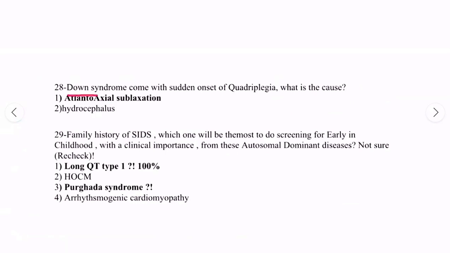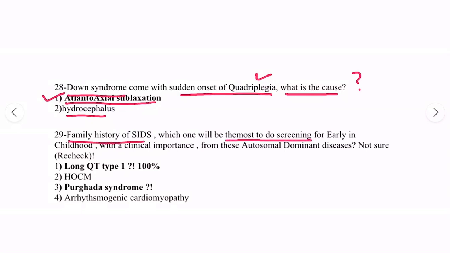Next, Down syndrome presenting with sudden onset quadriplegia. What is your diagnosis? Is this hydrocephalus or atlantoaxial subluxation? This is atlantoaxial subluxation, a very well-known complication and part of the presentation. Family history: which of these autosomal dominant diseases is most important to screen for early in childhood?